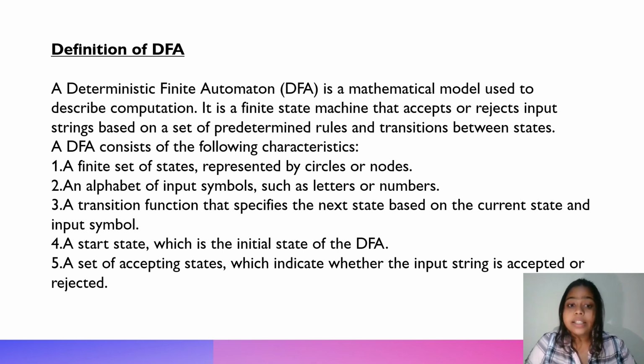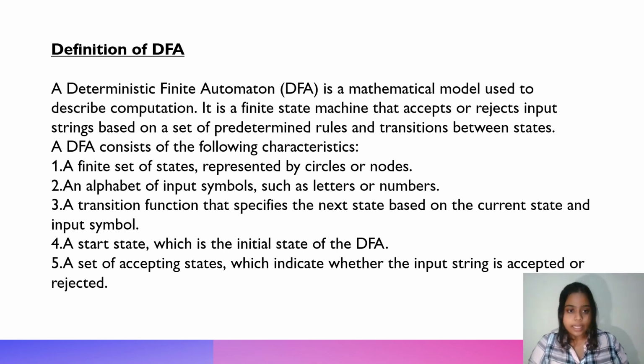A DFA consists of the following characteristics: a finite set of states represented by circles or nodes, an alphabet of inputs such as letters or numbers, a transition function that specifies the next state based on the current state and an input symbol, a start state, which is the initial state of the DFA, and a set of accepting states which indicate whether the input string is accepted or not.